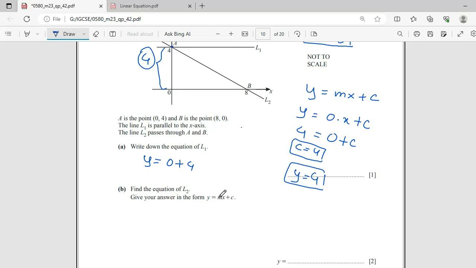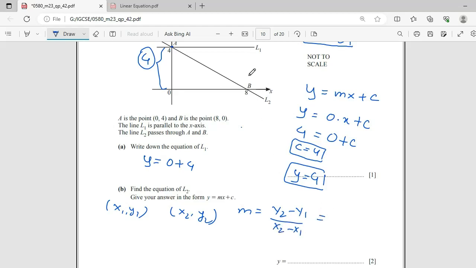So how can we find the slope in this case? We know that in the two-point form, if (x1, y1) is one point and (x2, y2) is another point, then the gradient we can write as (y2 minus y1) upon (x2 minus x1).